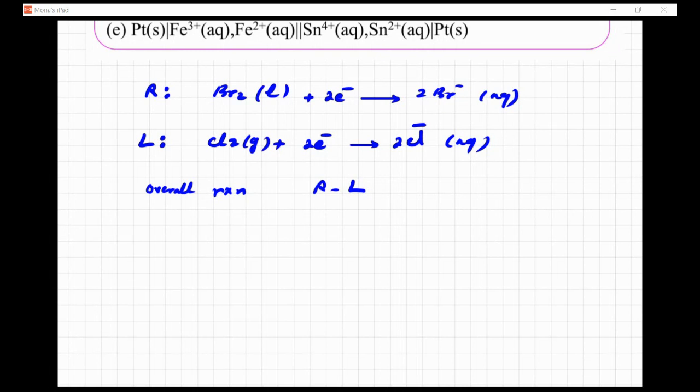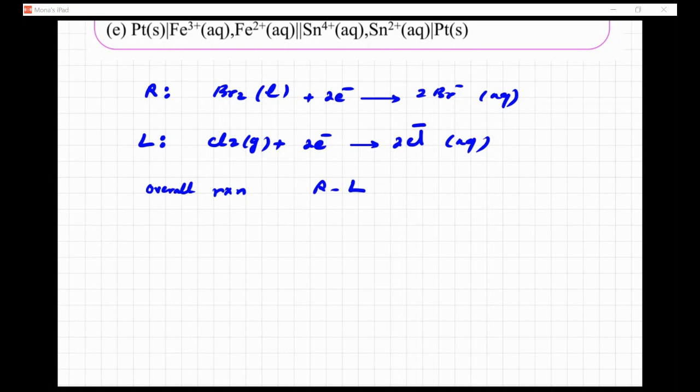Your E cell standard will be wrong. Your quotient will be wrong. Your E cell will be wrong. Everything you do based on that will be wrong, and the whole question will be wrong. Any analysis you do based on your answer will also be wrong, because your answer is wrong.